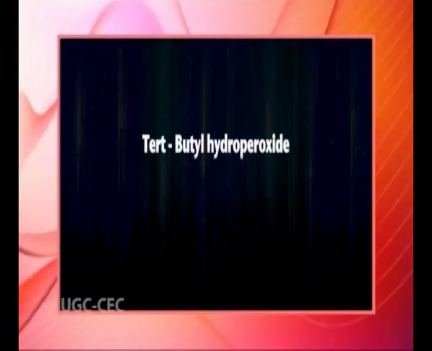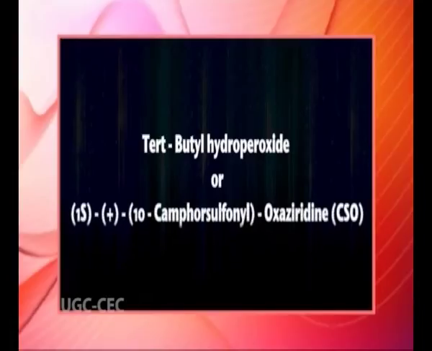Oxidation may be carried out under anhydrous conditions using tertiary butyl hydroperoxide or, more efficiently, (1S)-(+)-10-camphorsulfonyl oxaziridine, CSO. The step of oxidation is substituted with a sulfurization step to obtain oligonucleotide phosphorothioates.